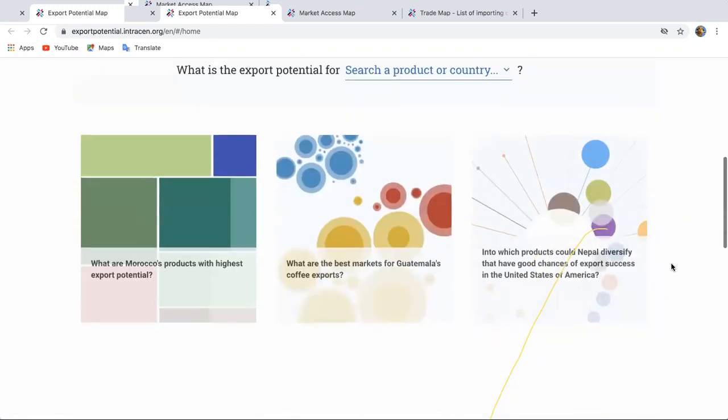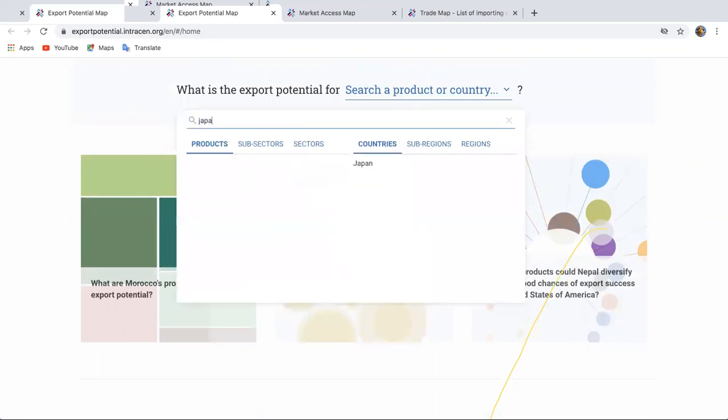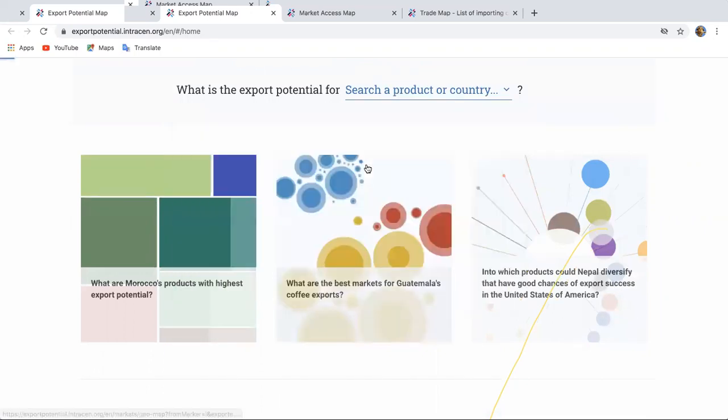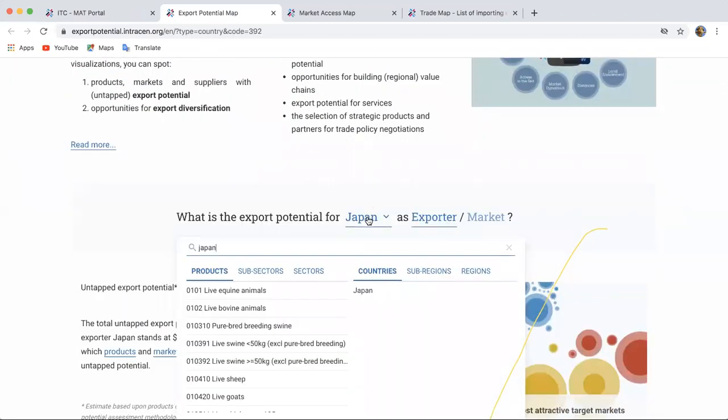So yes, let's dive into it now, because I want to look at the export potential for Japan. So I click on Japan. Sorry, I'm going maybe a little bit too fast. As you can see, here you have a list of products, subsectors and sectors, and you have countries, subregions and regions. So automatically, when I type Japan, it fills it out and I find it very easily.